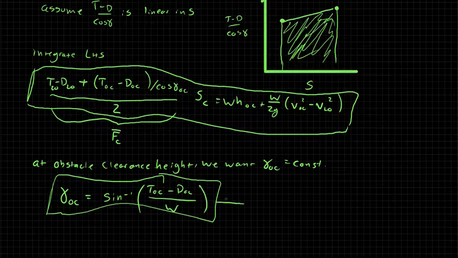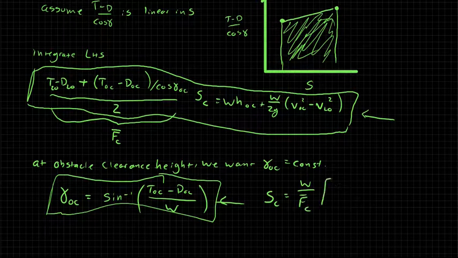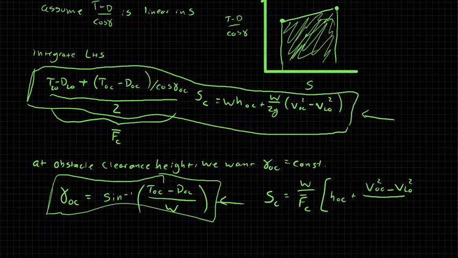So with this equation and this equation, we now can approximate what S C is, because if we solve this, then S C equals W over F bar sub C times H OC plus V OC squared minus V liftoff squared divided by 2G.